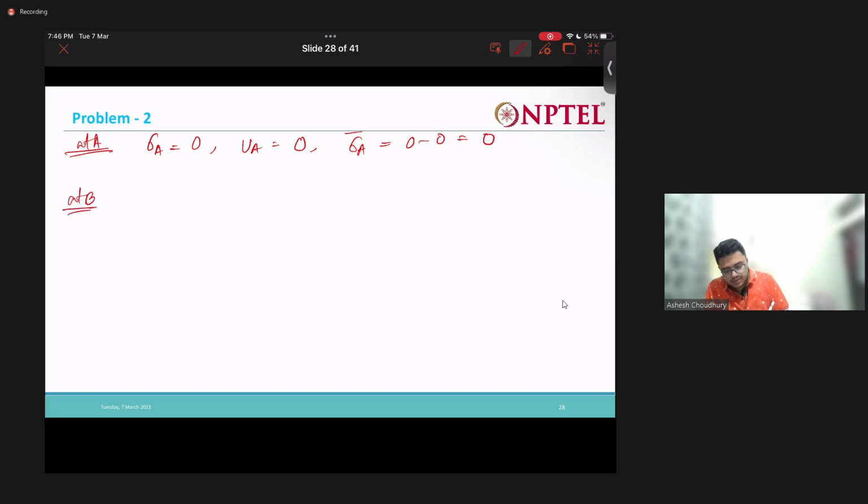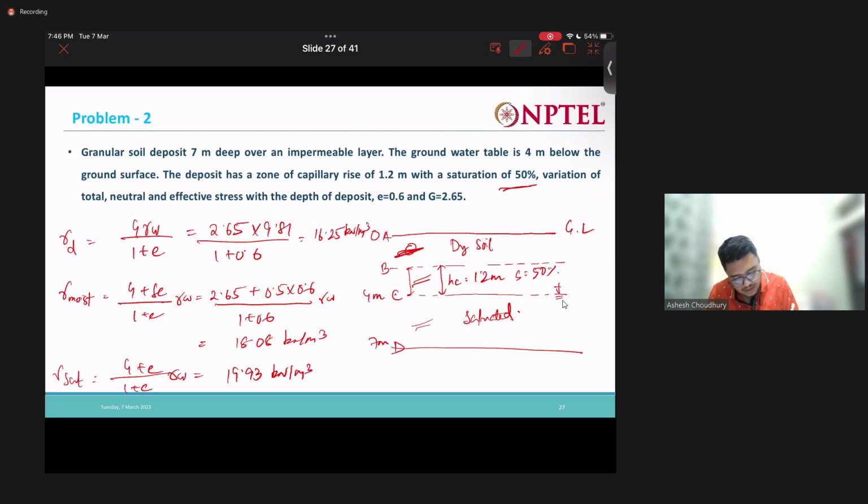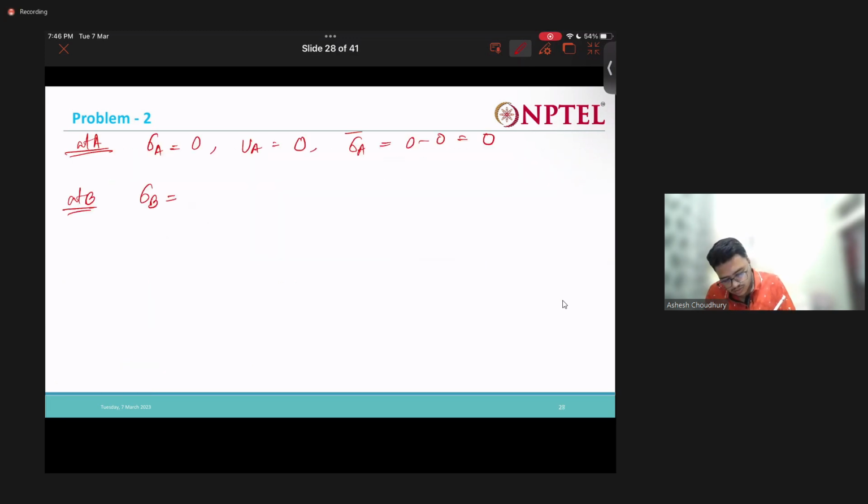Then at B, what is the total stress at this point? What is the height? 2.8 into the dry unit weight, 16.25.